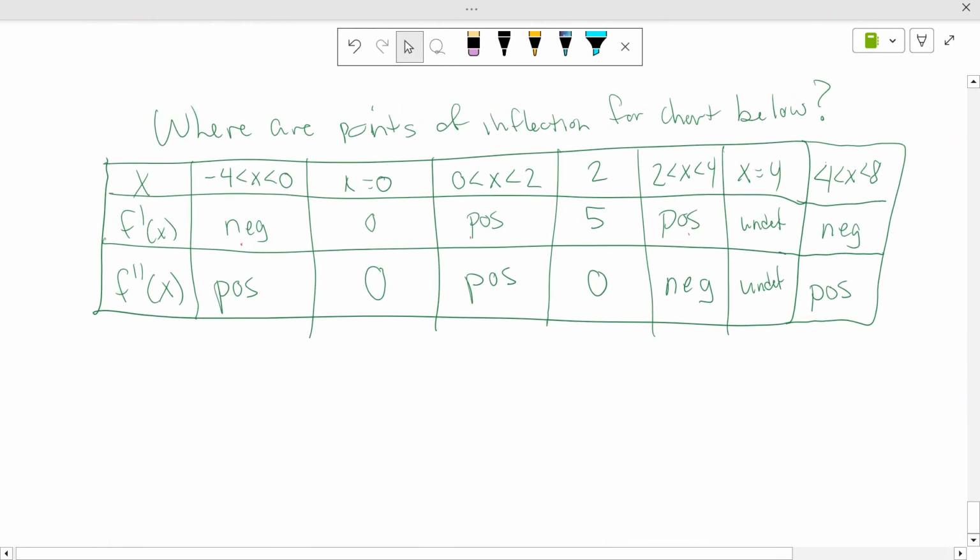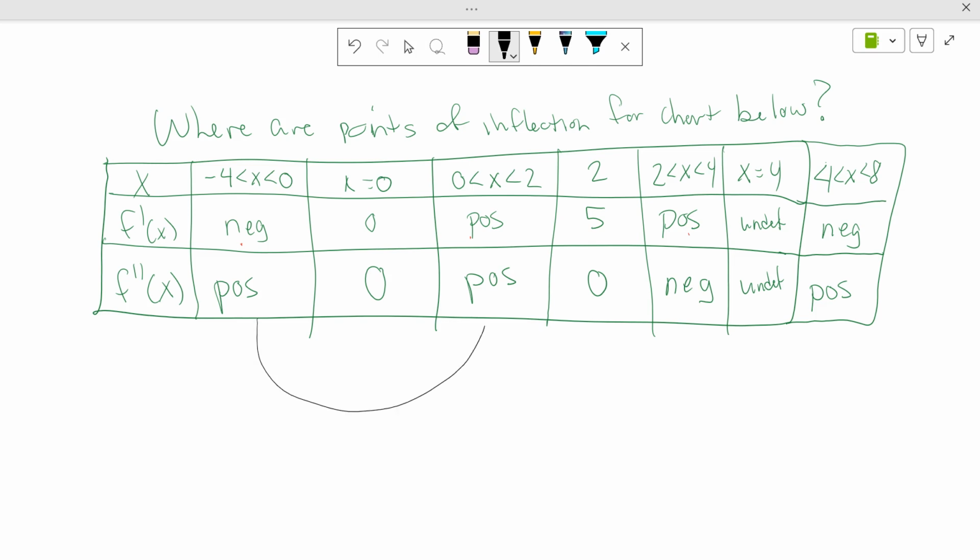Where are our points of inflection here? Where the second derivative is 0, except if this goes from positive to positive, it's not really a point of inflection, because the concavity doesn't change.